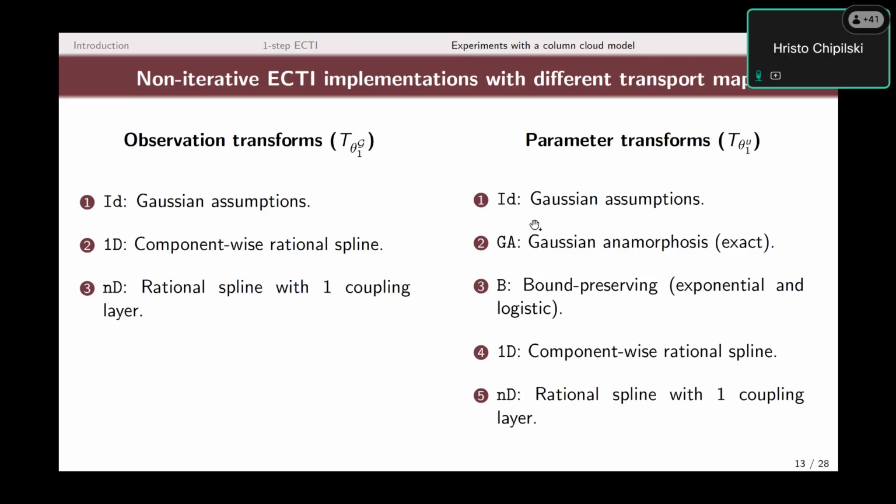For the parameter transforms, the picture is similar, but here we have these additional fixed transform experiments where we use transforms attempted in previous studies, like Gaussian anamorphosis on one hand, but also bound-preserving transform. The difference between 4 and 5 and 2 and 3 is that in 2 and 3, we don't need to learn any parameters of the transport, so the problem has a similar computational complexity to the ECTI.